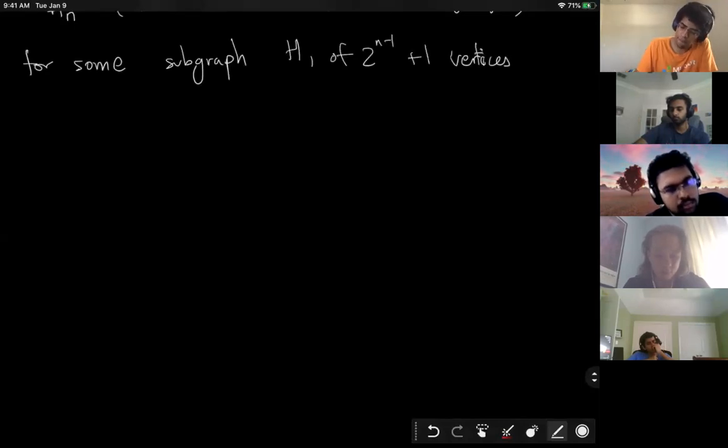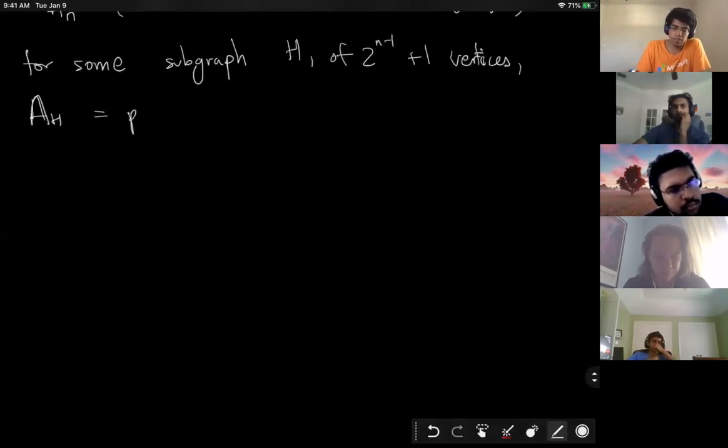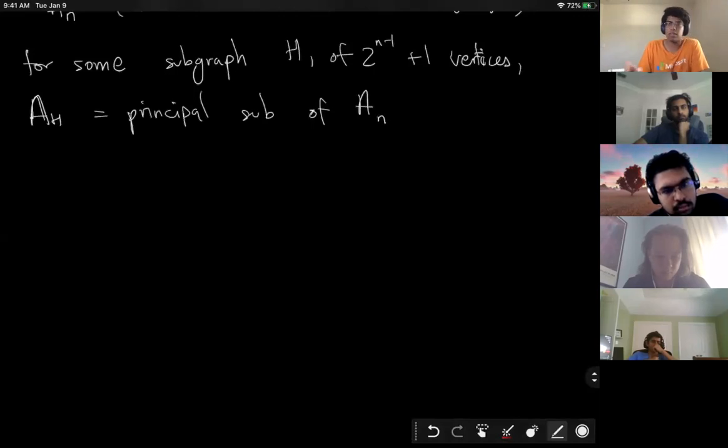Yeah, so for some subgraph H of 2^(n-1) + 1 vertices, let A_H be the principal submatrix of A_n corresponding to those vertices, right?